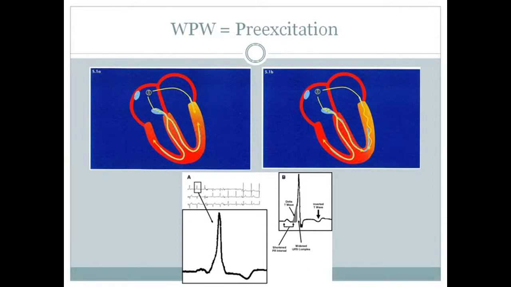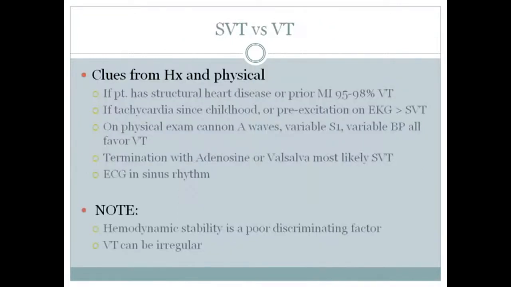That's why it looks like a short PR interval: it doesn't have a delay, it doesn't have an AV node, it goes straight to the myocardium. So this is just here for the concept. Whenever you hear pre-excitation, it's just that, a delta wave, and we think there's an accessory pathway. The mechanism for the arrhythmia is exactly the same as what we saw in AVRT.